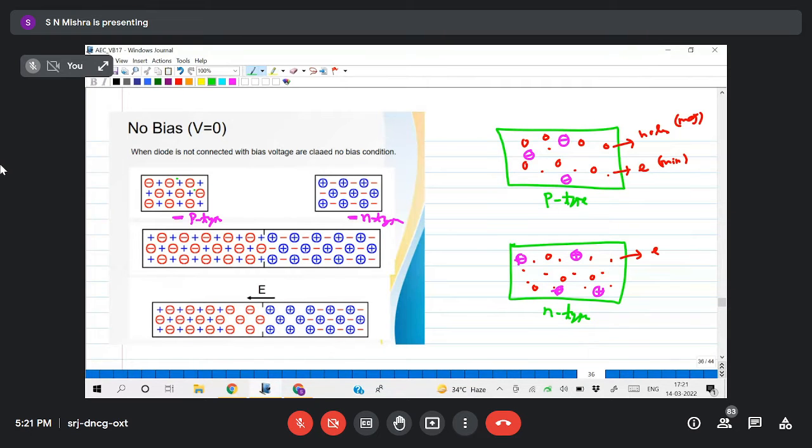Let me show electrons as these dots. Okay, so electrons are like this on the right hand side, or we will take electron as minus, so it will be uniform throughout the discussion.